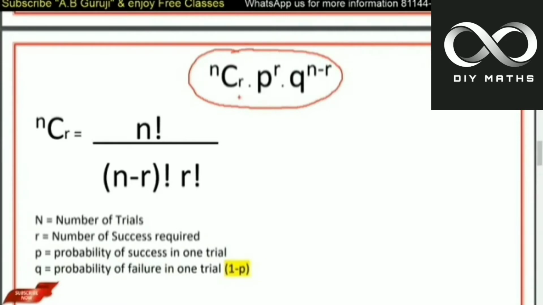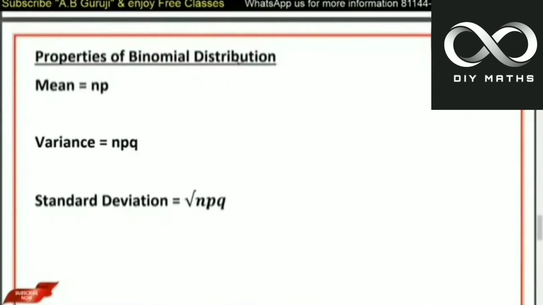Q is equal to 1 minus P, because P plus Q equals 1. Here we use the combination formula nCr equals n factorial divided by (n minus r) factorial into r factorial.